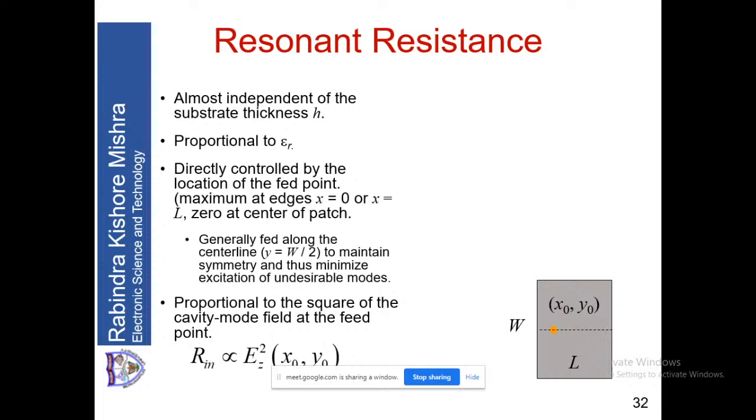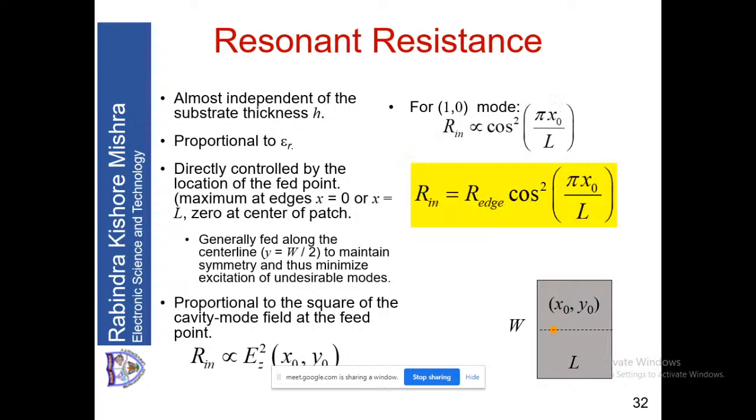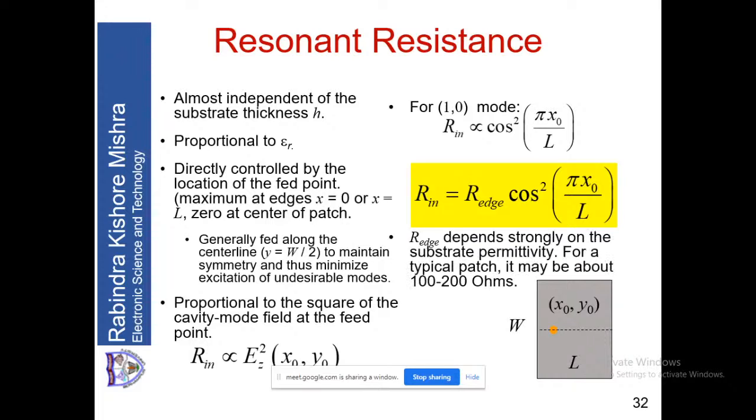Now, for the dominant mode, the 10 mode, Rin is equal to R edge cosine square pi x0 upon L. This we have already seen in the last class, so I am not going to explain how this comes. But this R edge is the resistance at the edge. It will be between 100 to 200 or 100 to 300 ohms.